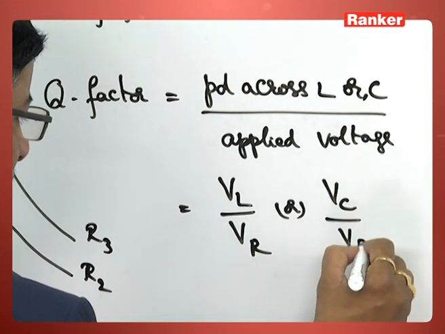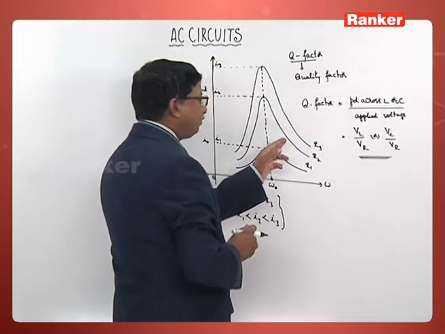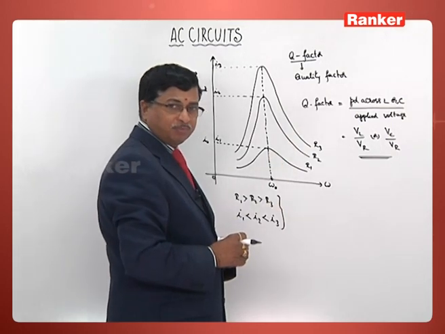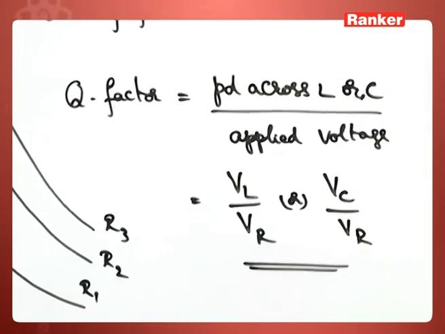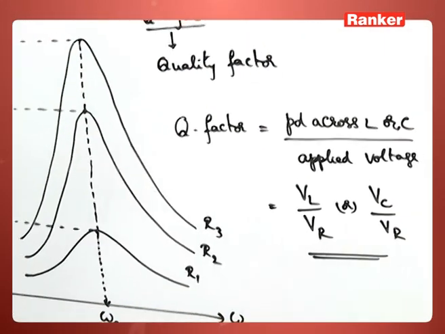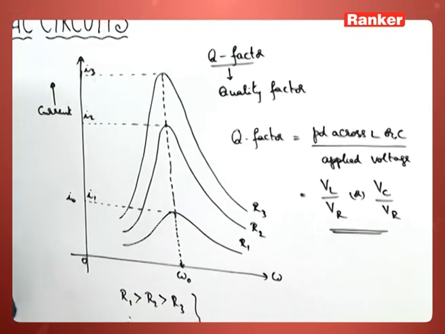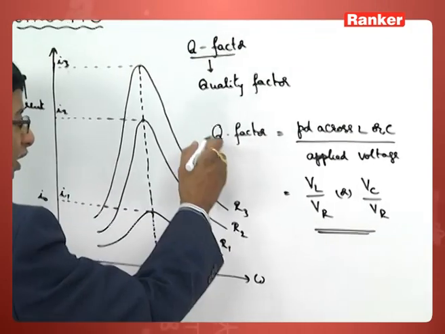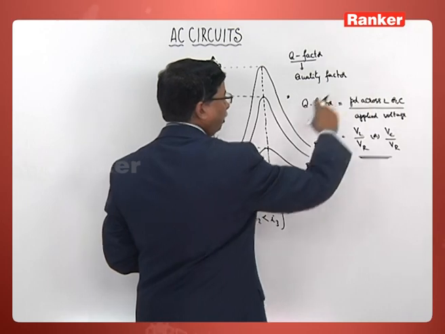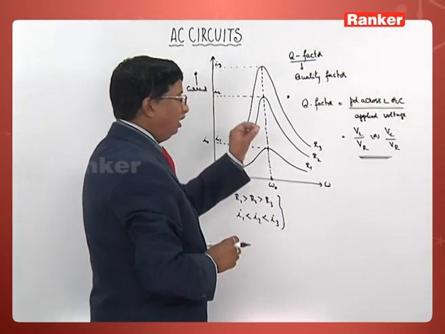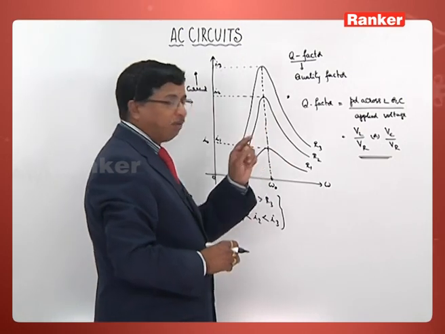So what we should understand in this particular case is, the lesser the value of resistance, correspondingly current increases, and we can definitely understand the quality factor in that circuit is very high. So generally, whenever they ask us to calculate the quality factor in any of the circuits, better remember this formula: potential difference across inductance or capacitance divided by the value of applied voltage.